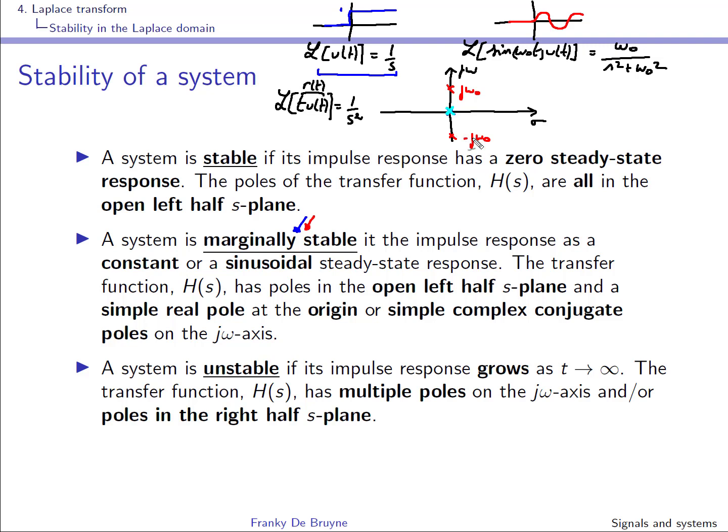So as a conclusion, if you have one real pole or a pair of complex conjugate poles on the imaginary axis, but just one pair, then the system is marginally stable. If you have one or several poles to the right of the imaginary axis, or several real or complex conjugate poles on the imaginary axis, the system will be unstable, and the responses will grow as t tends to infinity.